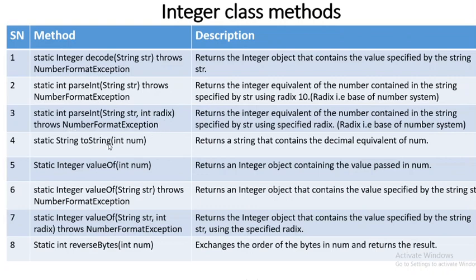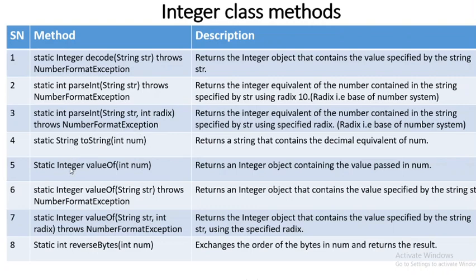The toString method: the number you give here will be converted into a string as a return value. Next, the return is an Integer object, the name of the method is valueOf, with an argument of type int. This primitive int number will get converted into an Integer object.